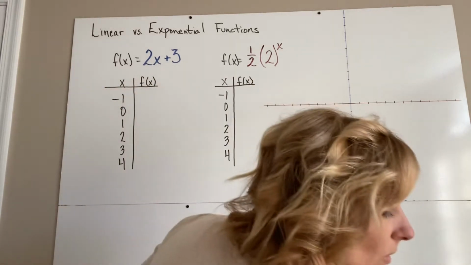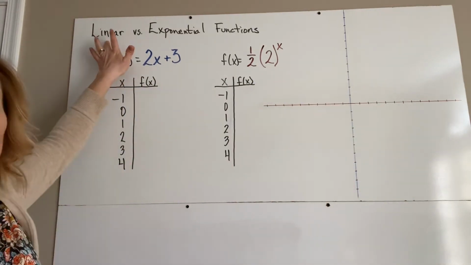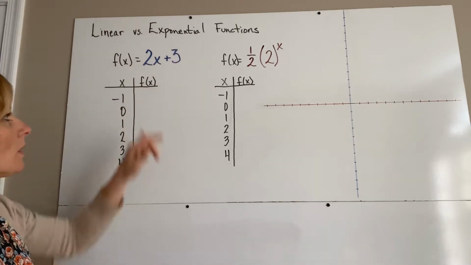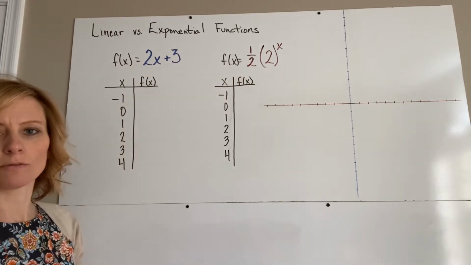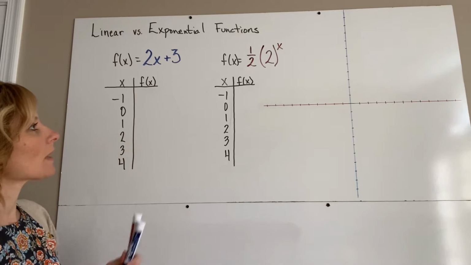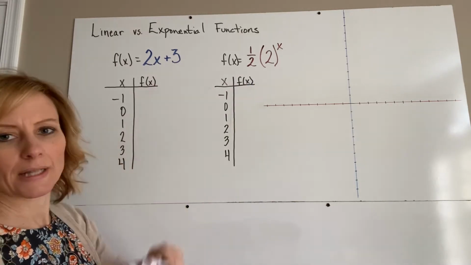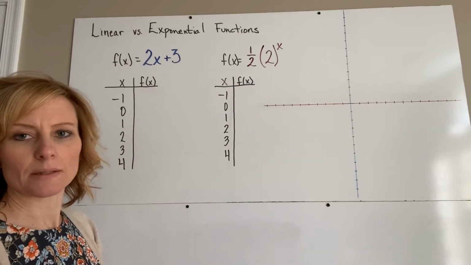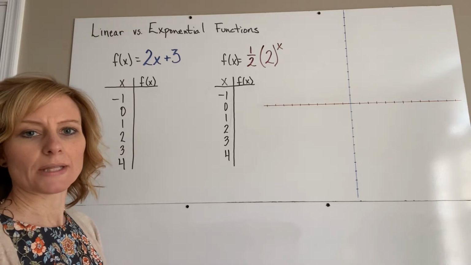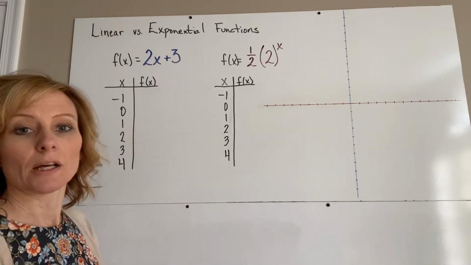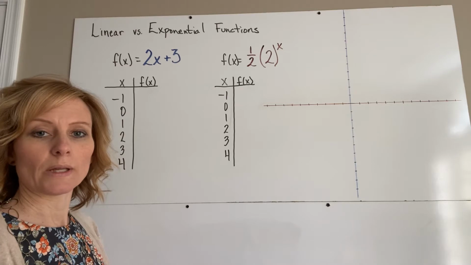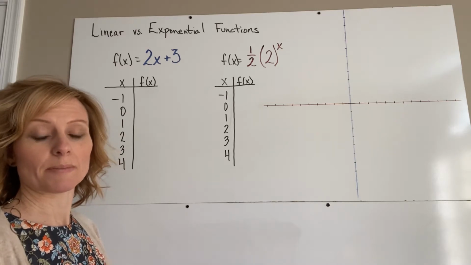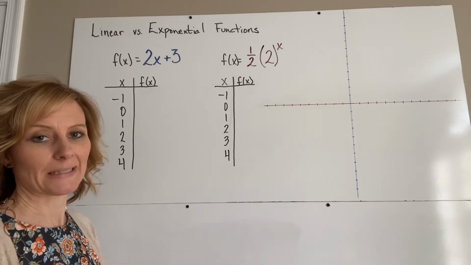So when talking about linear versus exponential functions, we have these two function rules here. At first glance, they seem pretty reasonable. You can notice that this 2x plus 3 looks very similar to what we were doing with y equals mx plus b. That's because it is, in fact, linear.